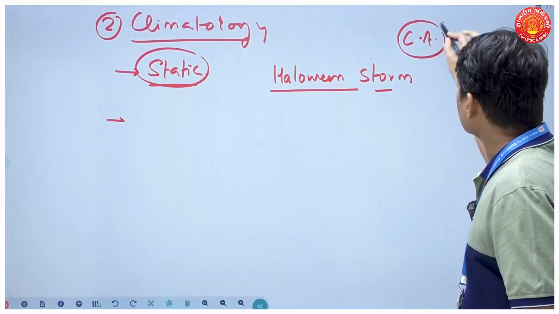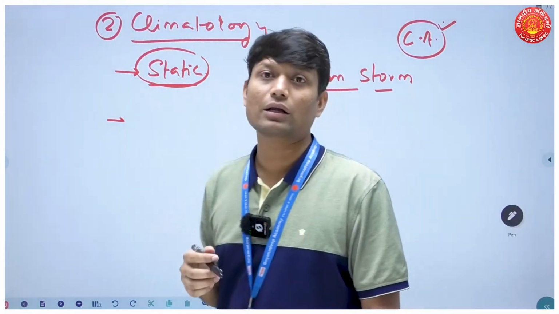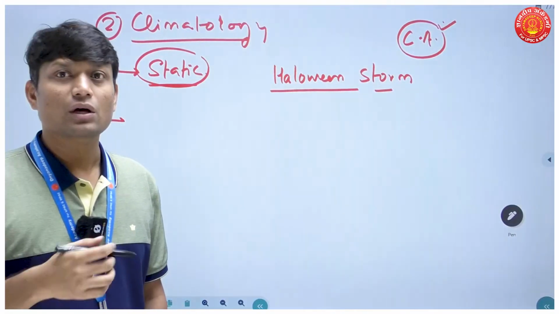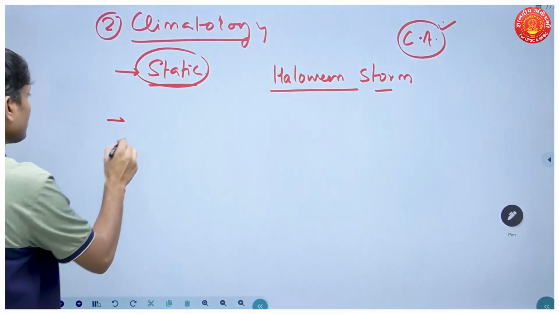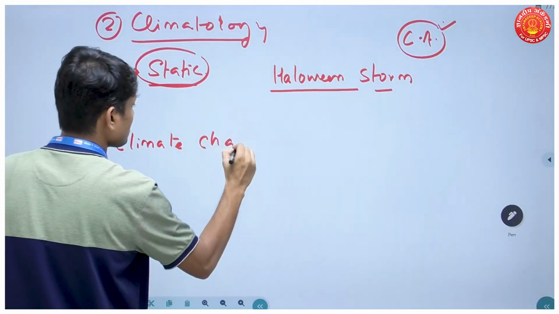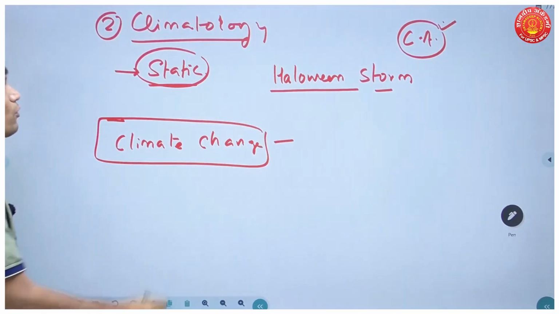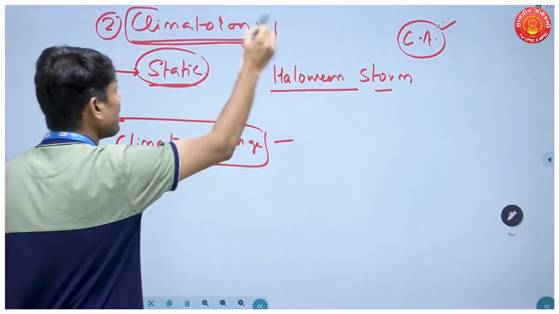But there are many new climatological phenomena occurring all across the globe. Just understand one thing, the buzzing word right now is climate change. And this is a hint for whatever you are supposed to prepare in climatology.